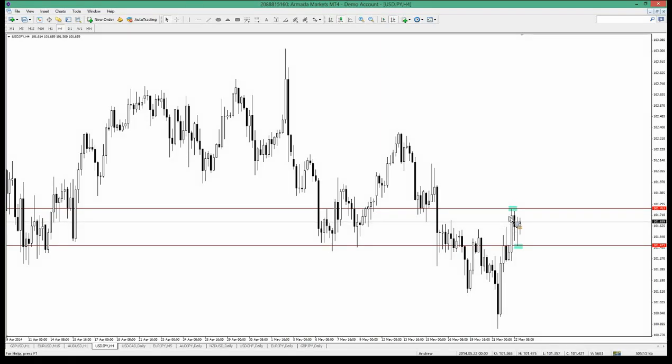Okay, so we've got two potential areas to do business at. So the question is, will you take another entry? Personally, I wouldn't. If I get stopped on a trade setup, or a pattern, I'll just walk away and look for another opportunity.